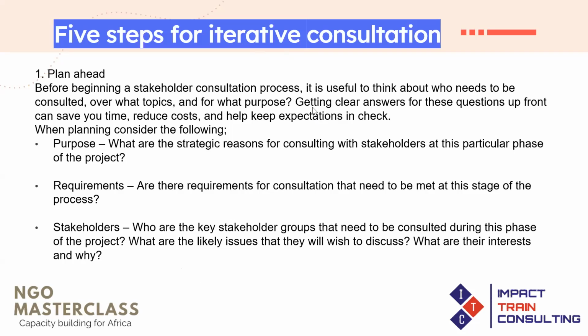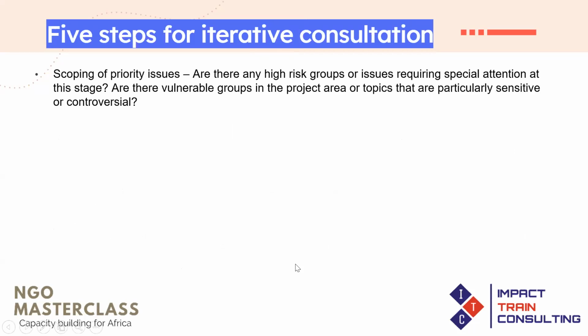Another consideration when you're planning for your stakeholder consultation is to think about scoping of priority issues. So here you'll be asking yourself, are there any high-risk groups or issues requiring special attention at this stage? Are there vulnerable groups in the project area or topics that are particularly sensitive or controversial?